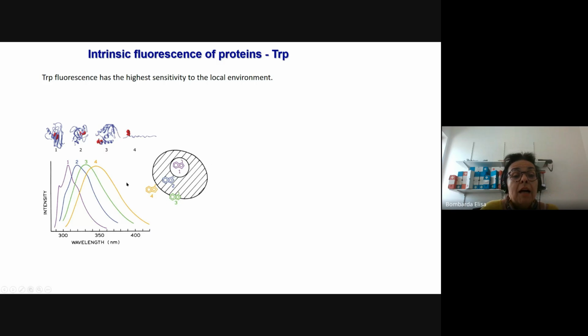And this helps us to study phenomena like unfolding of a protein, or also interaction, because during an interaction, a tryptophan that is initially exposed may become inaccessible because of the interaction, if, for example, it belongs to the interacting domain of the protein, and so on.